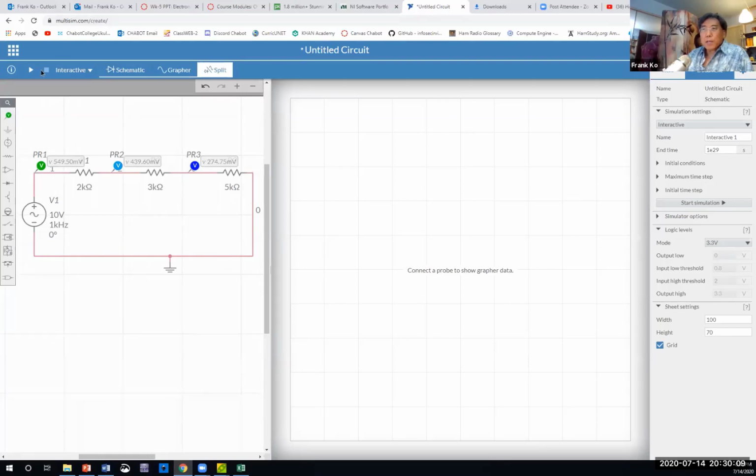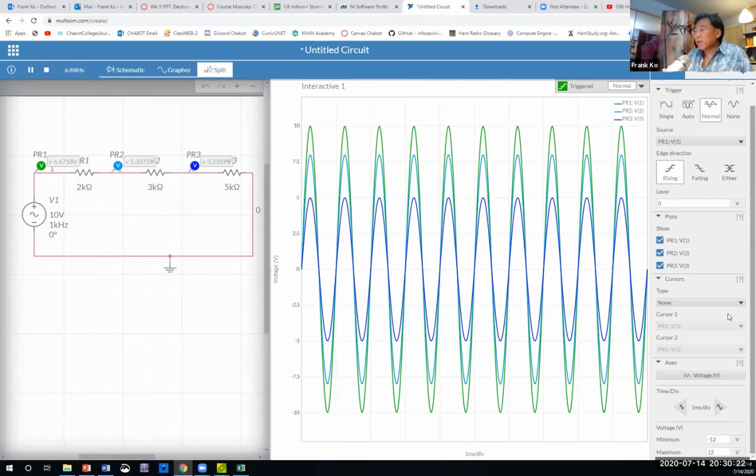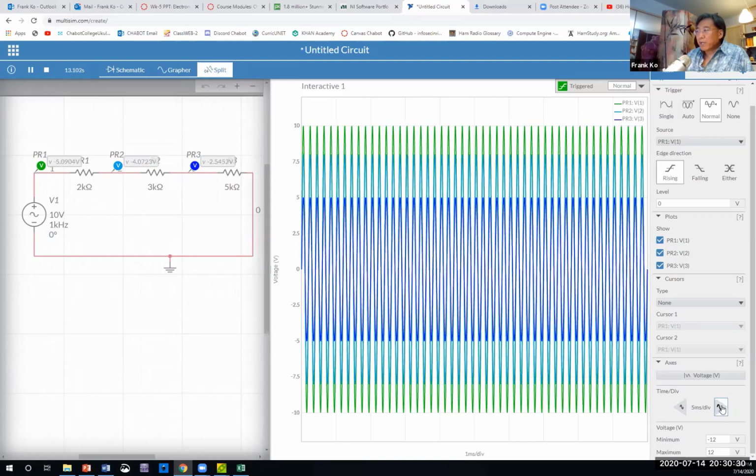I will come up and hit play. Nice waveform, whole lot of cycles, and too many cycles. So what I'm going to do is I'm going to come to my waveform display, and I'm going to change my time base. See my time per division controller? If I do this and do this, I've got too many cycles.